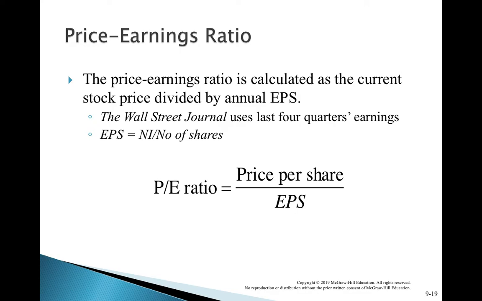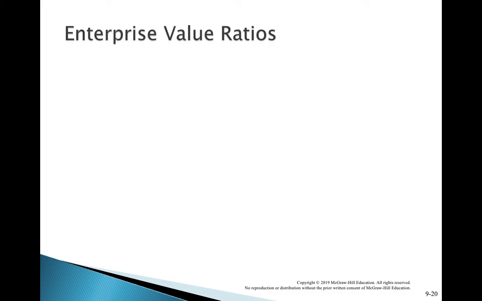If you are calculating the price per share divided by expected earning per share or EPS 1, it is called forward PE ratio. So these are the different kinds of practices done in real practice by the analysts. So the basic formula is price per share divided by earning per share.